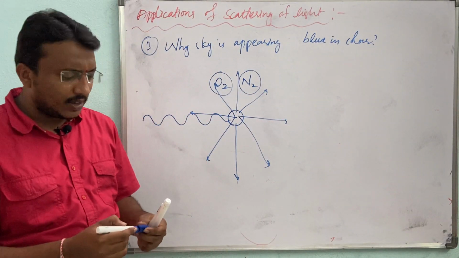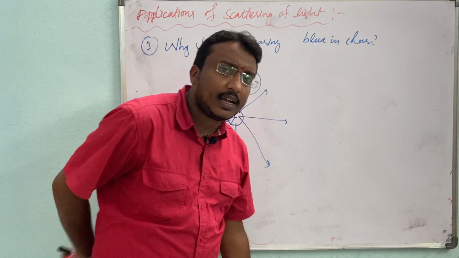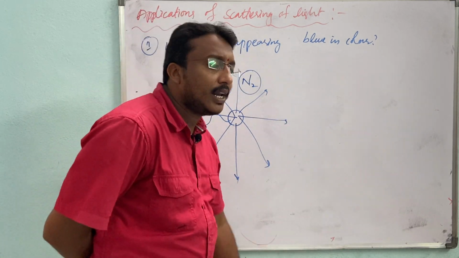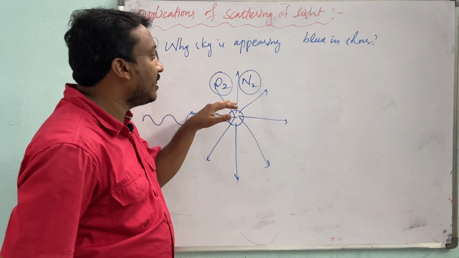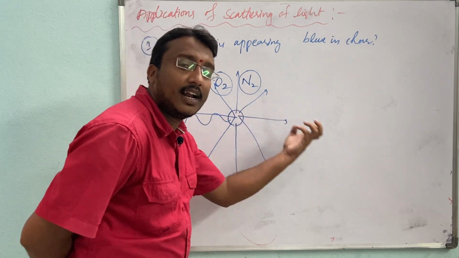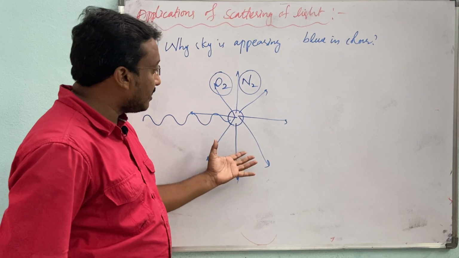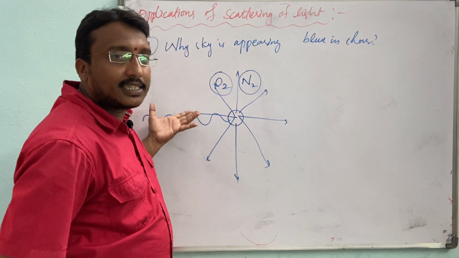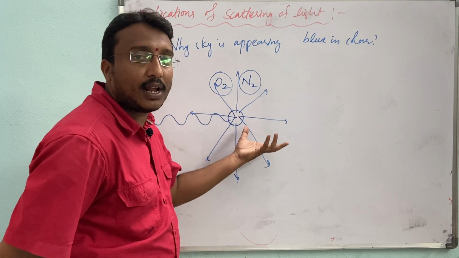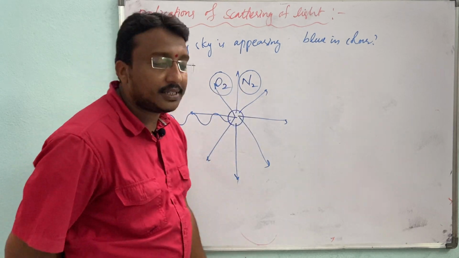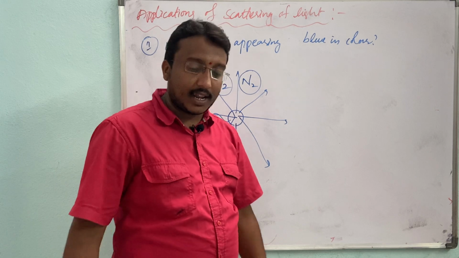Very simple. The wavelength of blue color is comparable with the size of the oxygen and nitrogen molecules, so much scattering takes place, and that's why it appears blue.